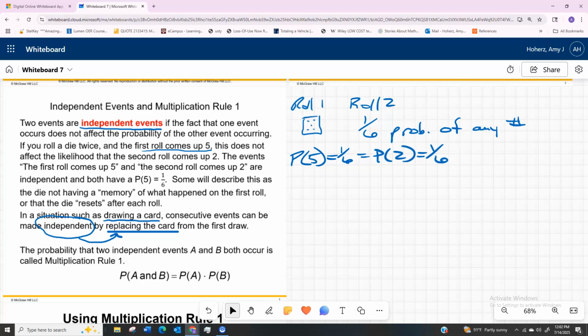If you think about the blue golf ball and the red golf ball situation that we had in the prior sections, I specified very clearly that after each draw, whatever you drew went back in the box. That was replacing and resetting the box so that each draw out of the box was an independent event. So replacement causes independent events.